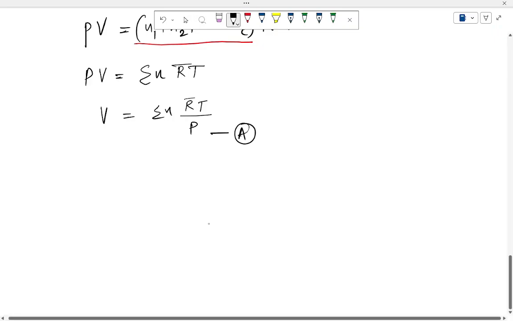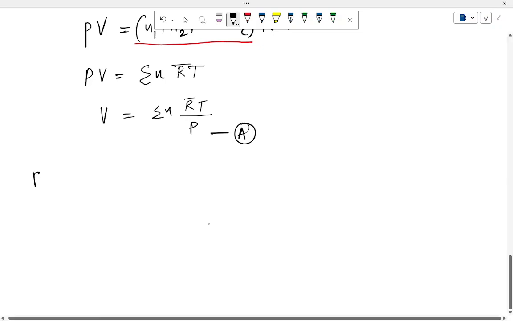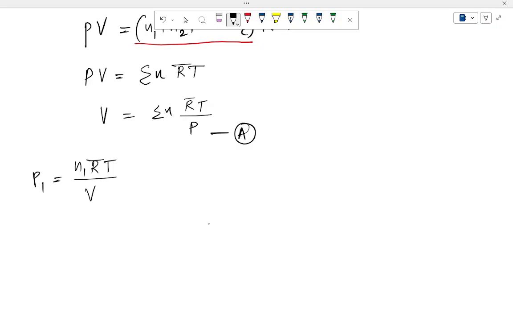We will use this later on, but before that we should look at one of the partial pressures. We can take P1 or P2 or anything for that matter. So we will take P1. P1 is equal to N1 R bar T by V. This is the partial pressure like we have shown in the previous example. Now I will substitute equation A for V in the denominator.